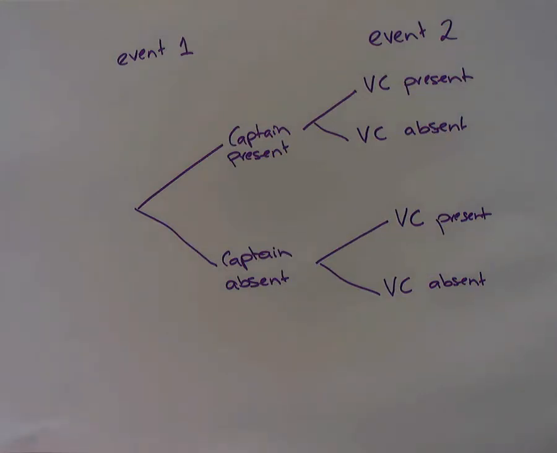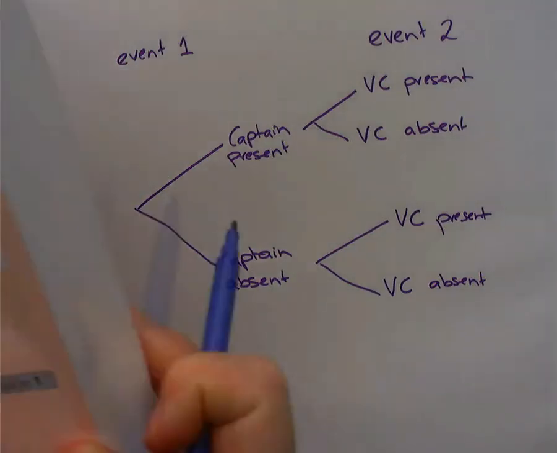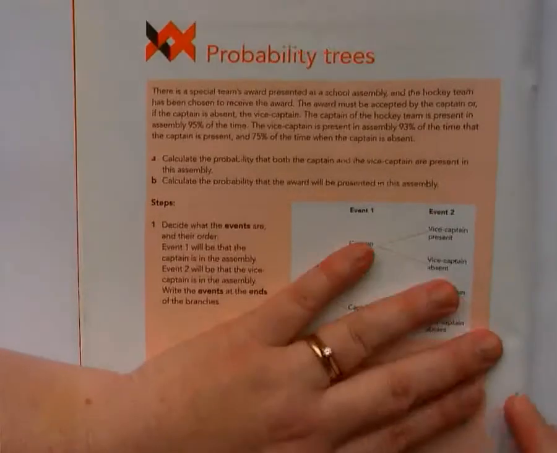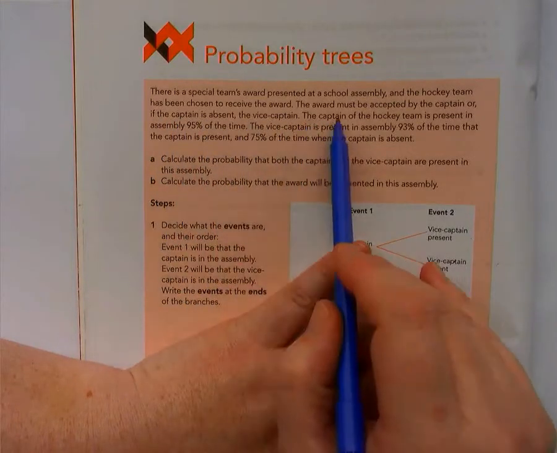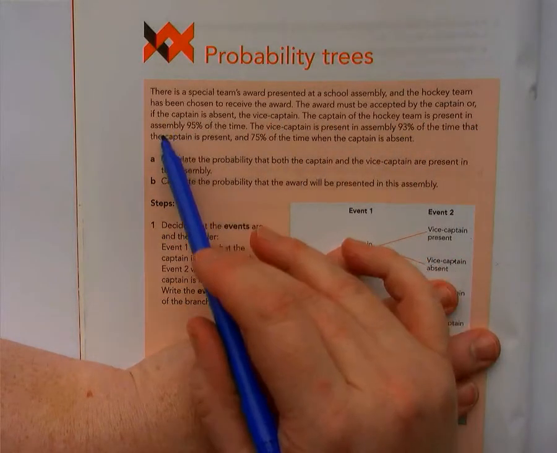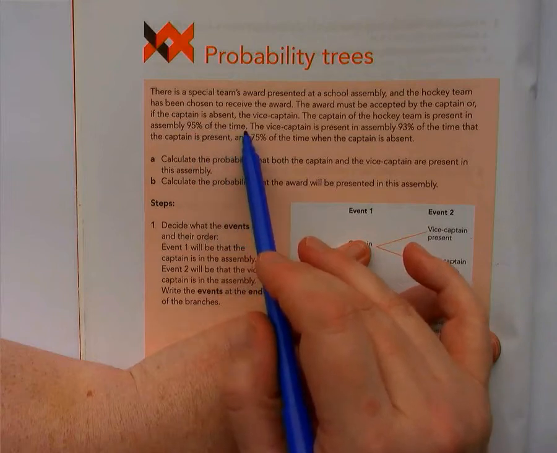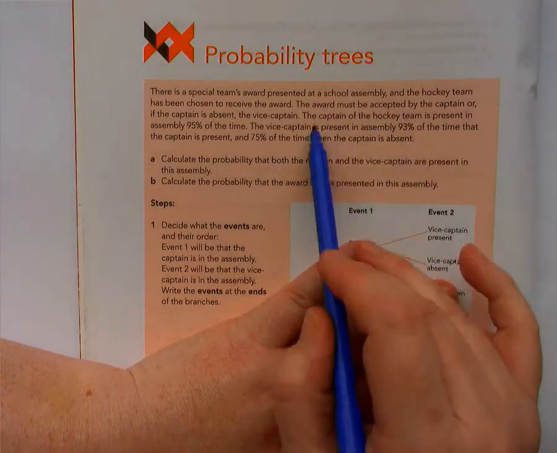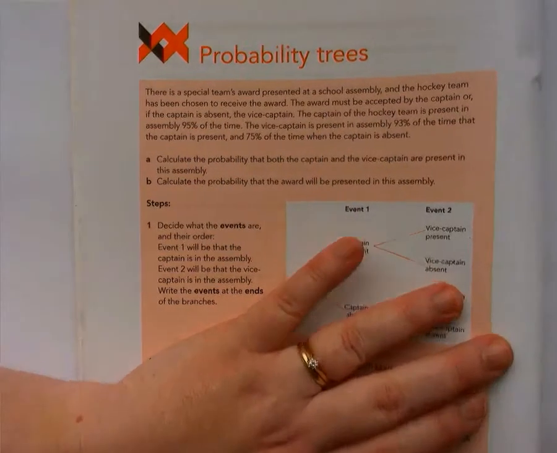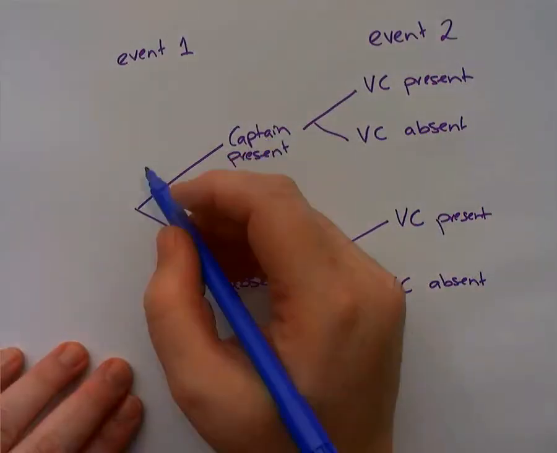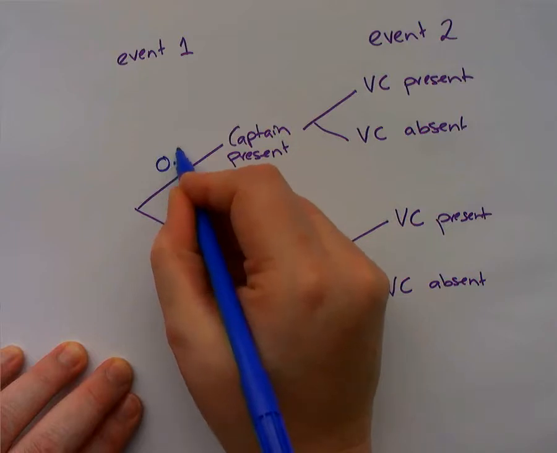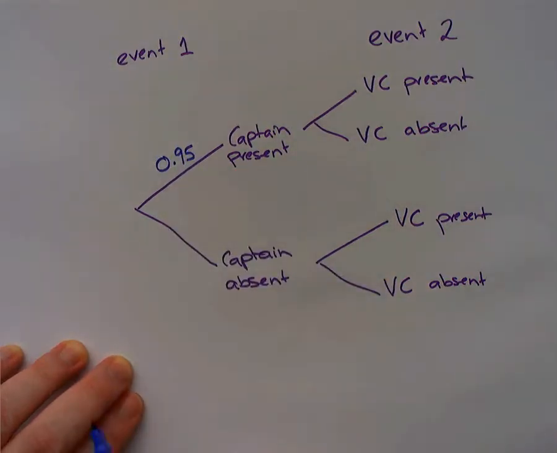If I look at our first sentence, it talks about the captain of the hockey team being present in assembly 95% of the time. That's just talking about the captain themselves, okay? So the captain is present 95% of the time, which is 0.95 as a decimal.